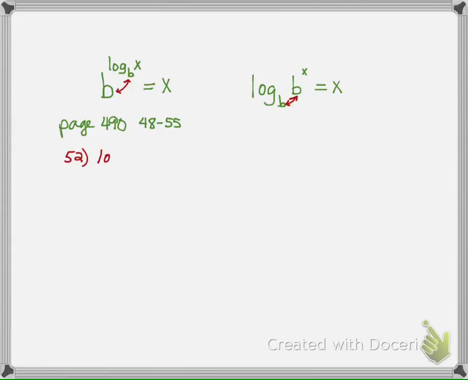52 is a log with base 4, but it says 16. And 16 is not the same thing as 4, so we can't just simplify it and say it's x. But we can express 16 as a number that has a base of 4. Right? 4 squared. So when we rewrite it, instead of 16, we're going to write 4 squared.